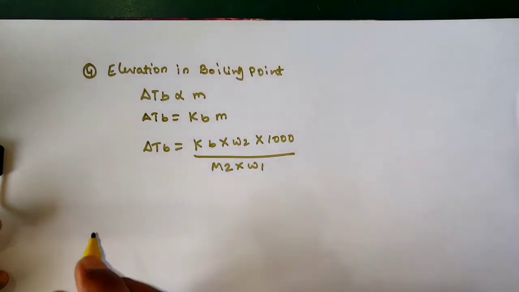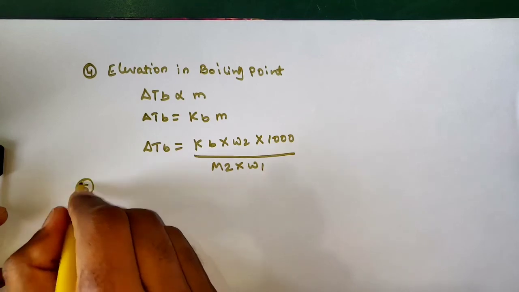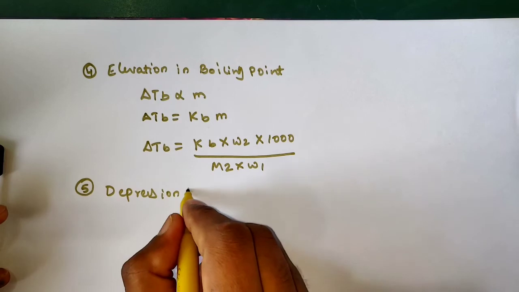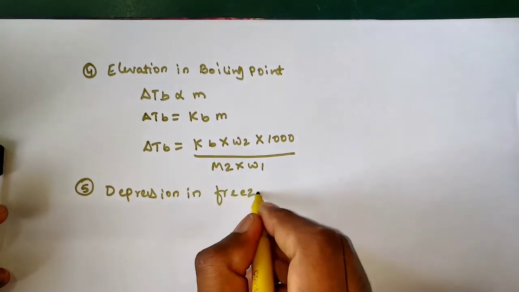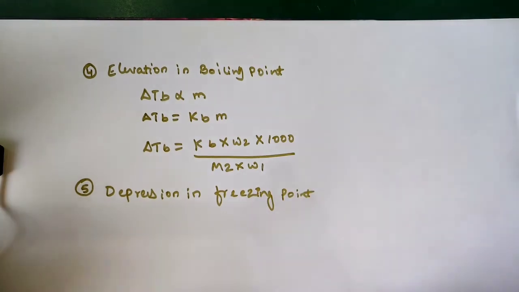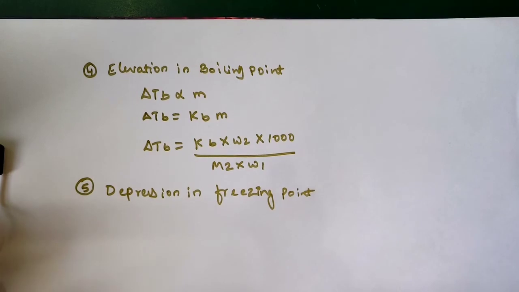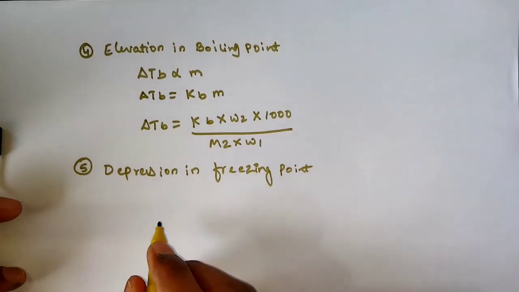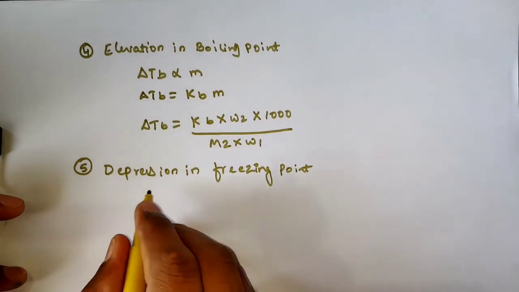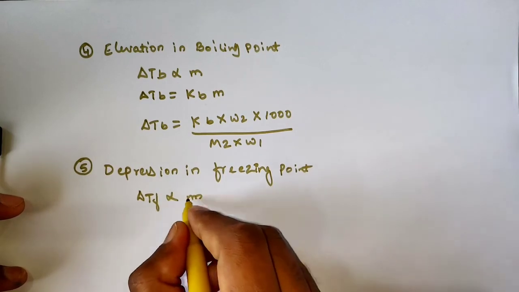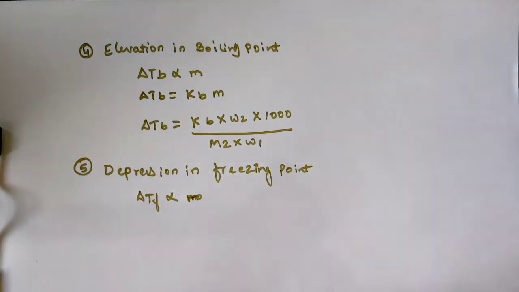One more important one is depression in freezing point. For each and every formula, I will be solving one problem, and I will give self-assessment problems also, so that you can practice more. For depression in freezing point, we know that delta TF is directly proportional to molality, as previously we did for elevation in boiling point.